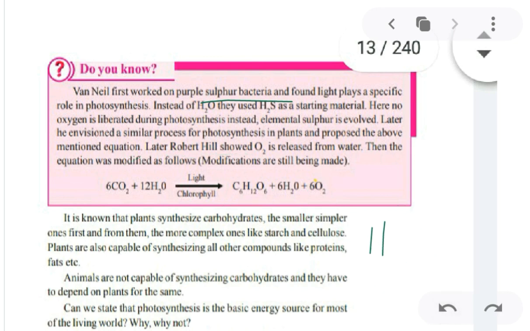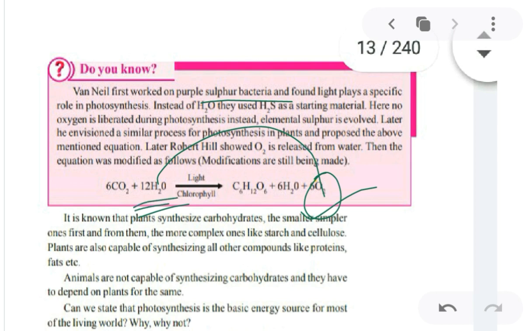Suppose here you see there is an oxygen molecule, right? This oxygen is released from the water, because H2O contains oxygen. When water splits into hydrogen and oxygen, this oxygen can be liberated. But when Van Niel did his experiment on sulfur bacteria, he did not take water.